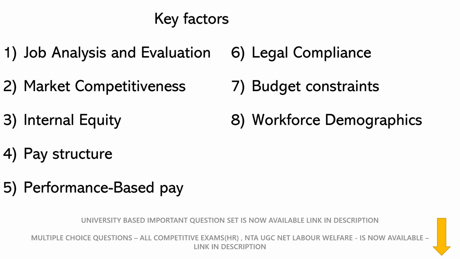I'm just giving an example, so something like that you can give. Or if the demographic is mostly aged people, you could focus more on their retirement plans. Or if it is youngsters, you could give some attractive compensation package based on the market. Okay, because they will be preferring more cash, right, so that they could invest or spend mostly. So that is what, based on the workforce demographic, you have to design a compensation system.